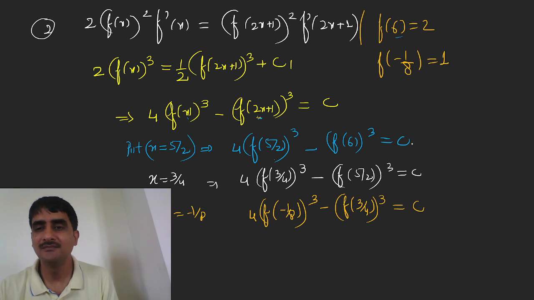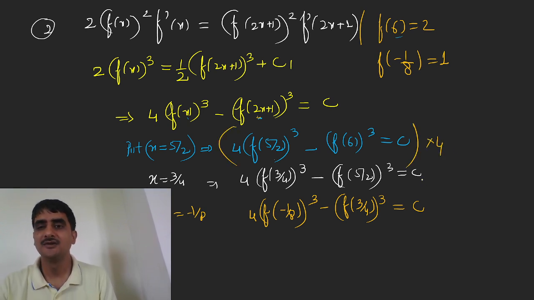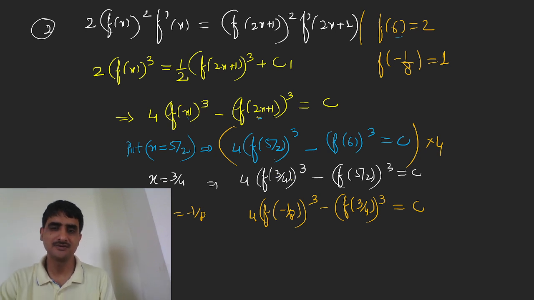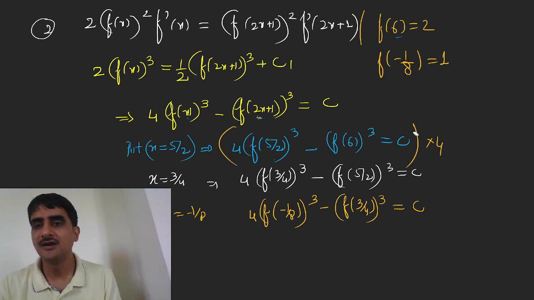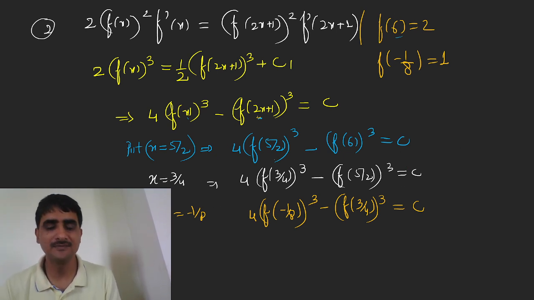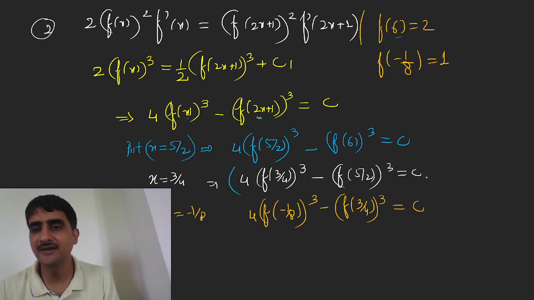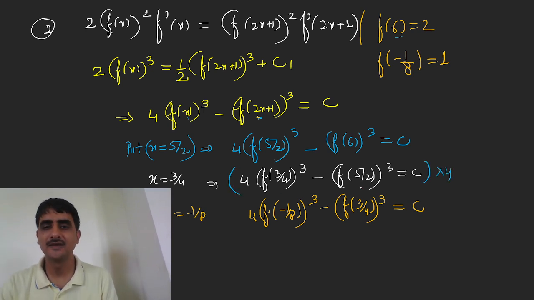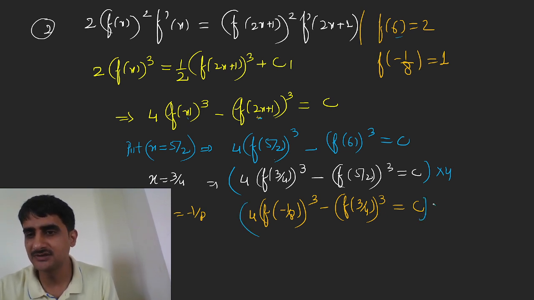Now multiply this entire thing by 4, then add them. Just a minute. No need to multiply the first one by 4. I'll be multiplying the second one by 4. So it's 16, and I'll be multiplying this by 16.